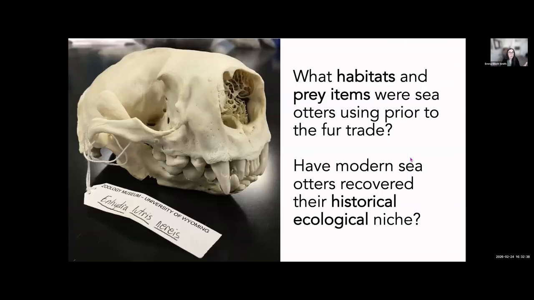Okay, so to sort of bring us back, I know that was a whirlwind tour through a lot of data, but remember that these were the main questions we were focused on: what habitats and prey items were sea otters using prior to their near extirpation, and have they recovered? And really, we haven't quite dialed in on that second question yet.